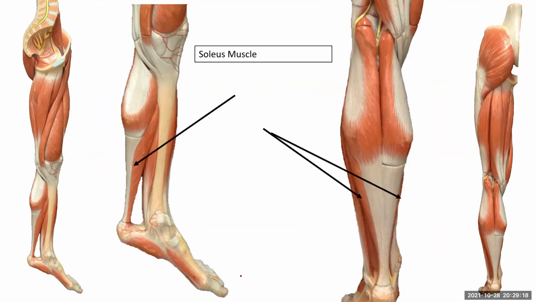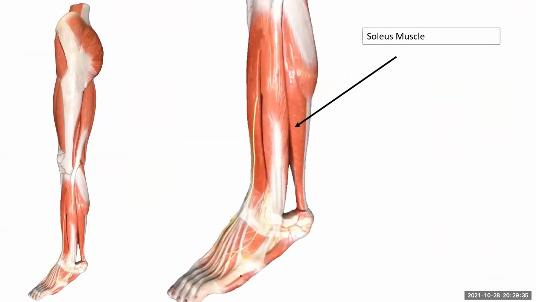And then deep to gastrocnemius is soleus. That's our triceps surae, when we have gastrocnemius and soleus together, attaching onto the calcaneal tendon. All right, there's the soleus muscle. Here you can see a nice lateral view of the soleus muscle.